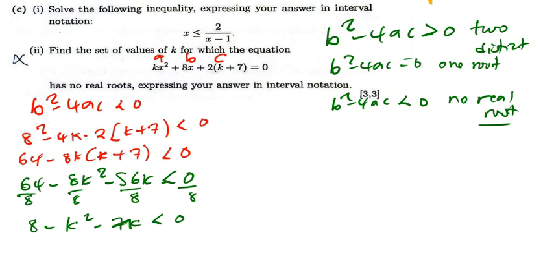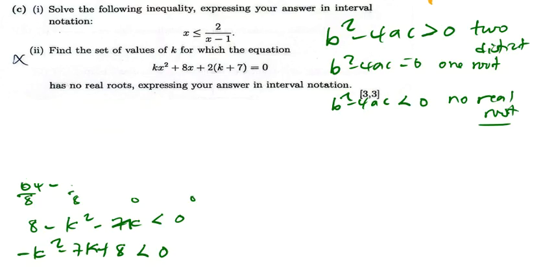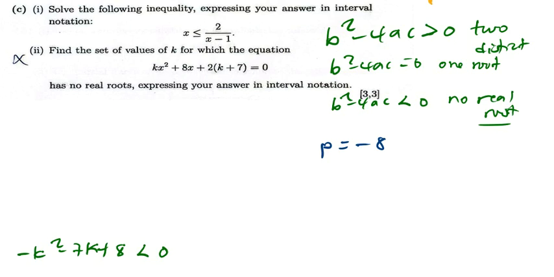I can rearrange this, which is the same as negative k squared minus 7k plus 8 less than 0. Now I can work with the product and sum. The product is negative 8, because we take the coefficient times the number which doesn't have k: negative 1 times positive 8.